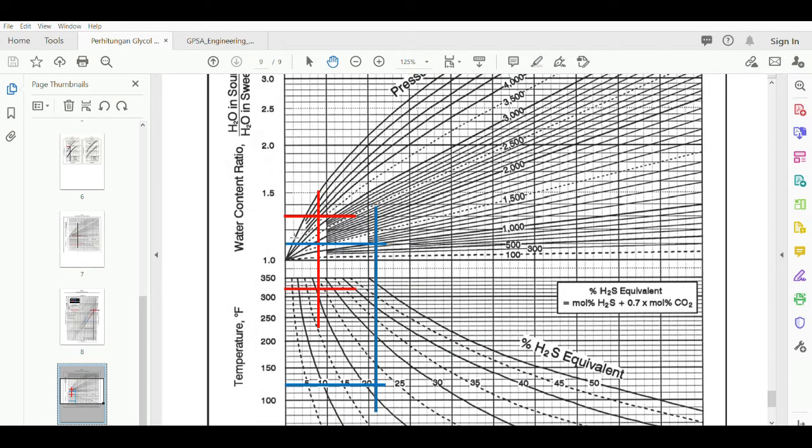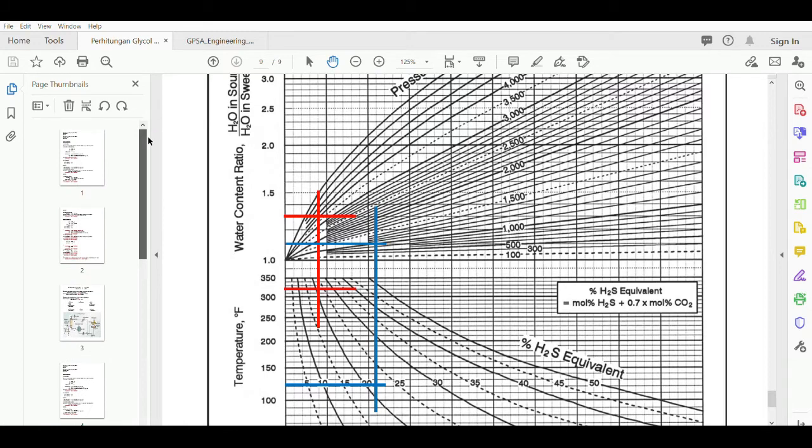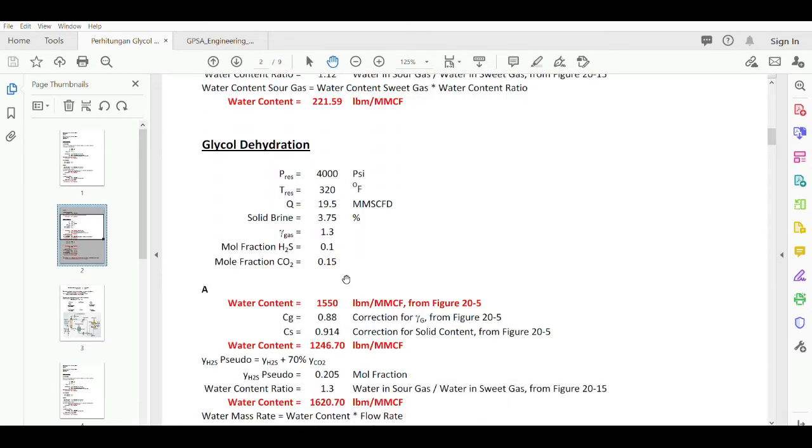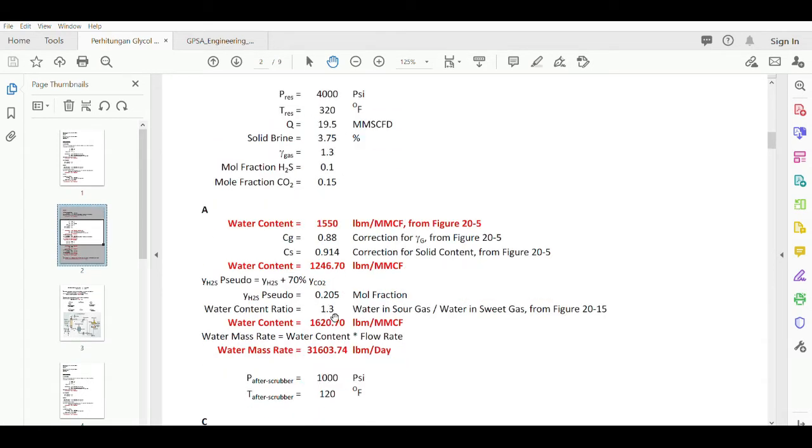We end up with I think 1.3. So if we go 1.3, the water content is 1246.48 multiplied by 1.3, so it becomes 1621.